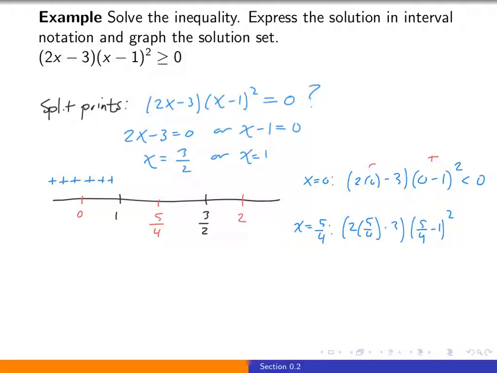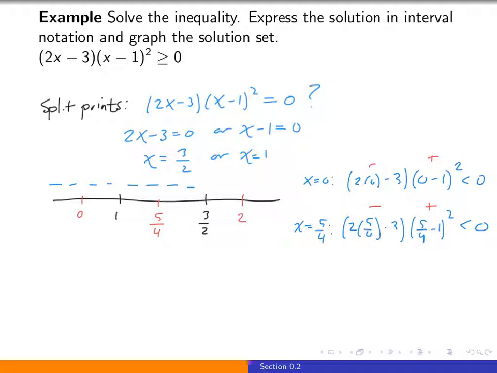So 2 times 5/4, that's going to be 10/4 or 5/2, and 5 halves minus 3 is negative. A square is always positive. A negative times a positive is negative. So our function is, and I made a mistake, in that first interval our function is negative. In the second interval our function is negative.